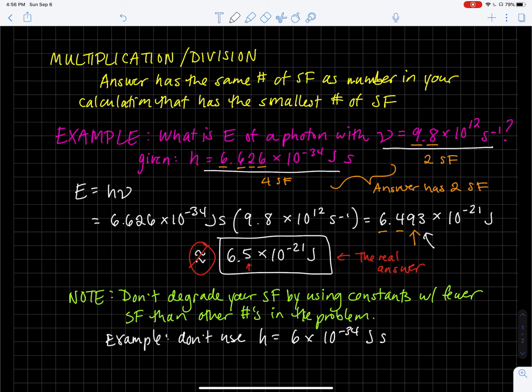So when you are using constants, it's a great idea to go one more significant figure than your measurement. And in this case, I just always use 4 sig figs for Planck's constant because it's rare that I would have a calculation with more than that. But what you don't want to do is make your answer have fewer sig figs than it could just because of your choice of constant. All right, so that is multiplication and division.